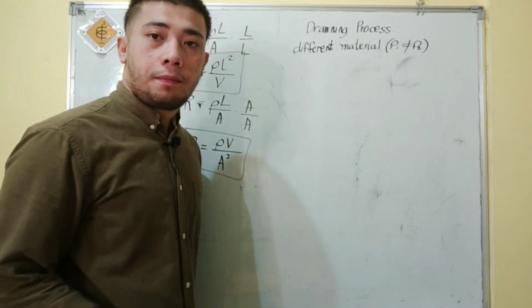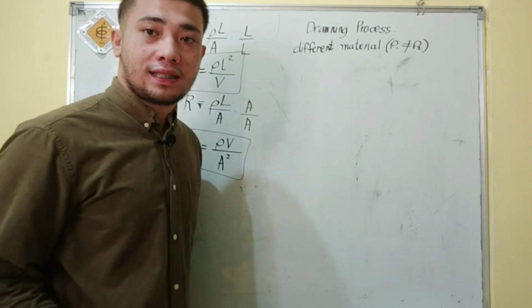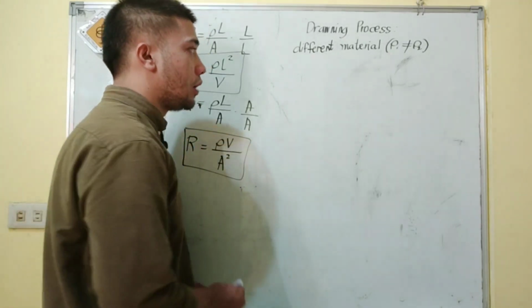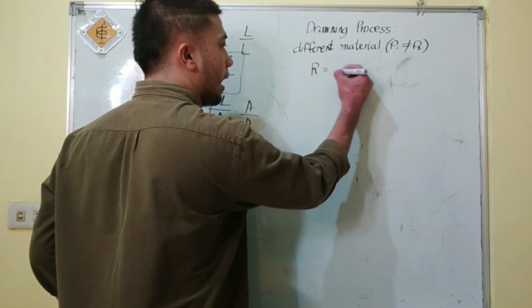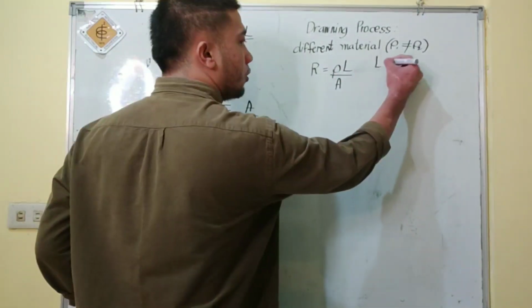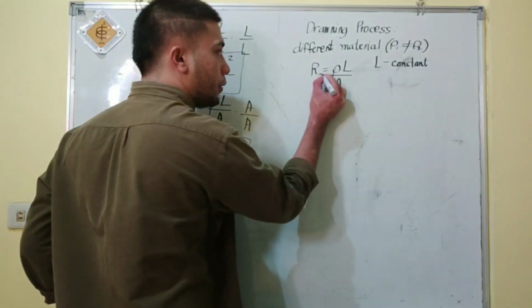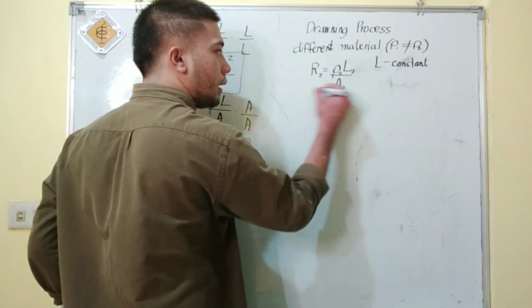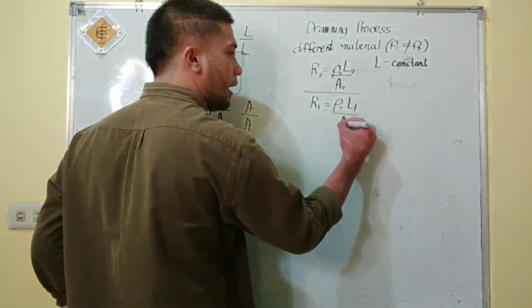What if the material is different? When we say different, again, their resistivities are not the same. So let's start our derivation from the formula R is equal to rho L over area. In this case, there will be two constants. First is when the length is constant. R2 is equal to rho 2 L2 over A2, and R1 is equal to rho 1 L1 over A1.